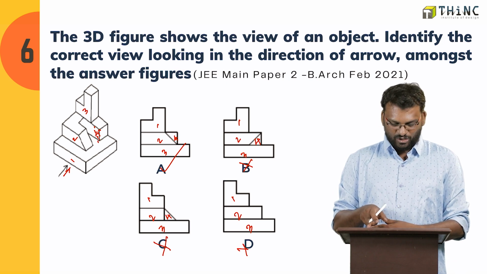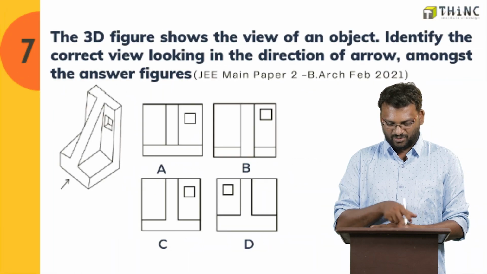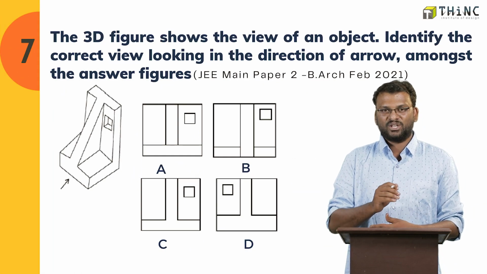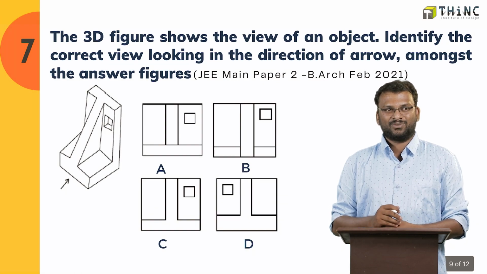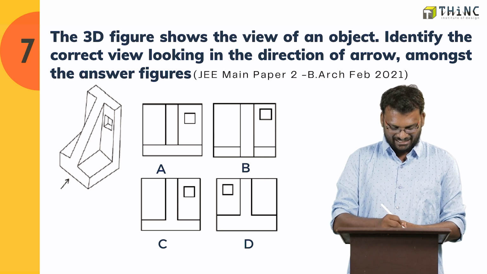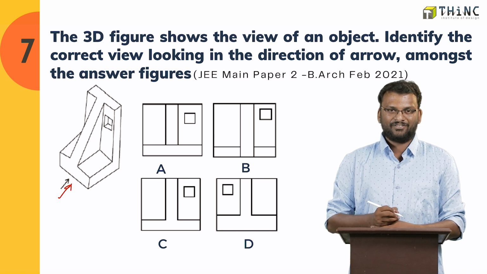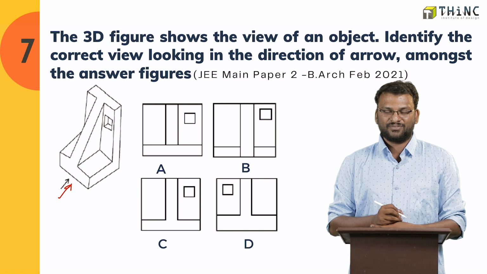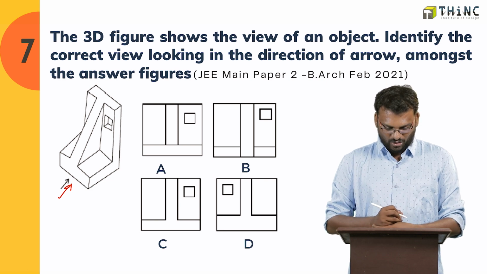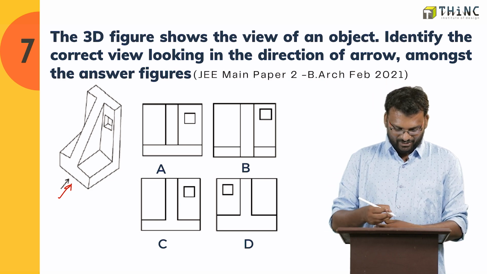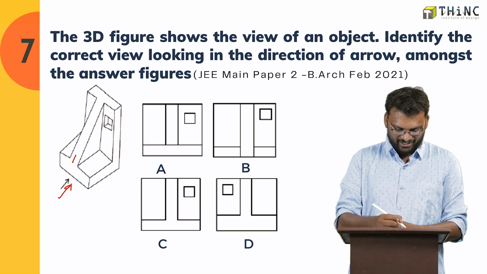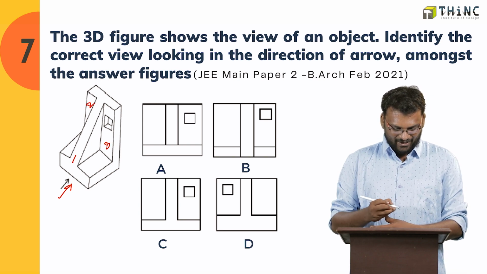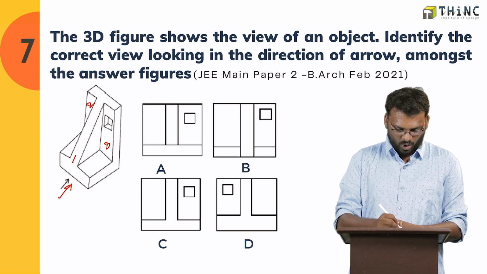Now we can move on to the next question, question number 7. Here is also a direction based question. You are provided with a directional arrow and you need to identify the exact elevation from the direction of the arrow. When you observe it, you can find one surface over here, a second one over here, a third one over here, and you can find one hole over here.